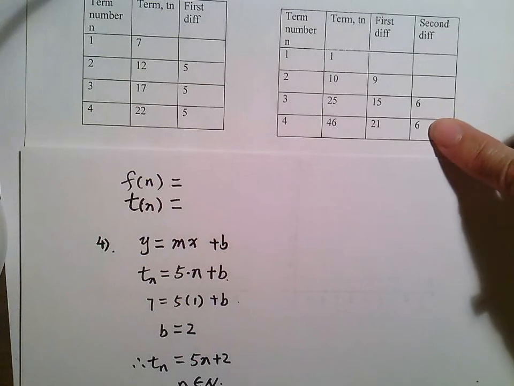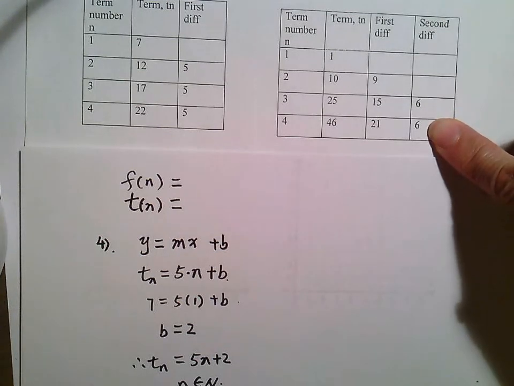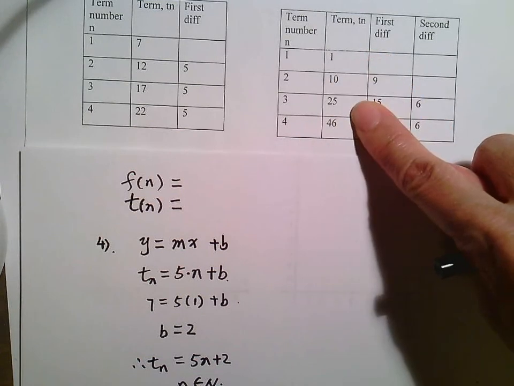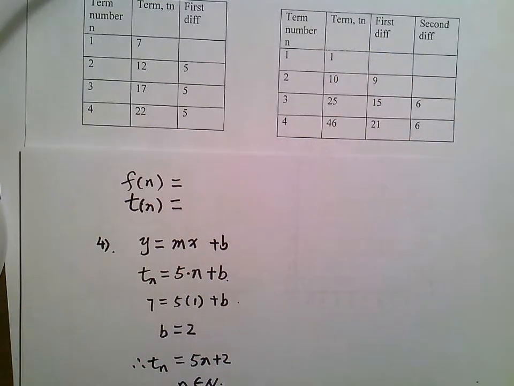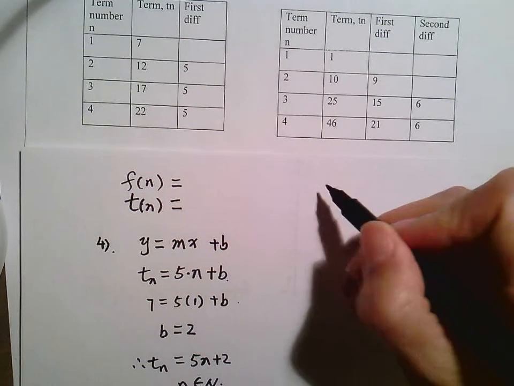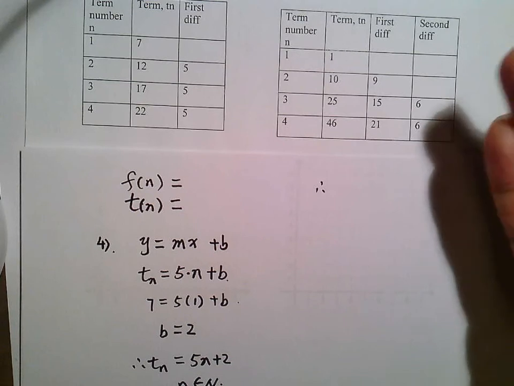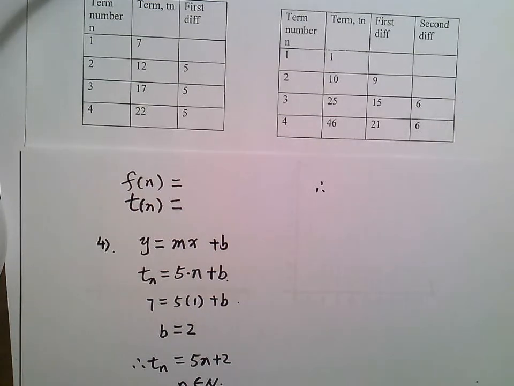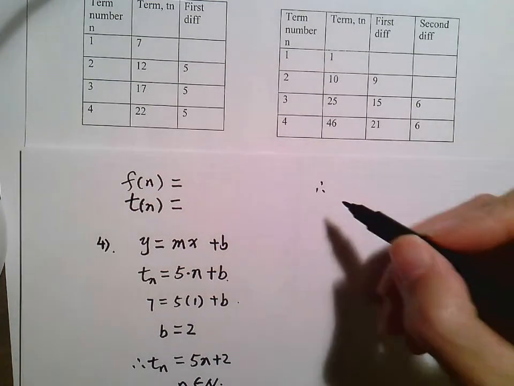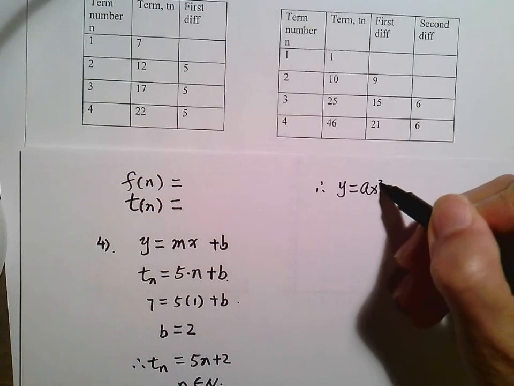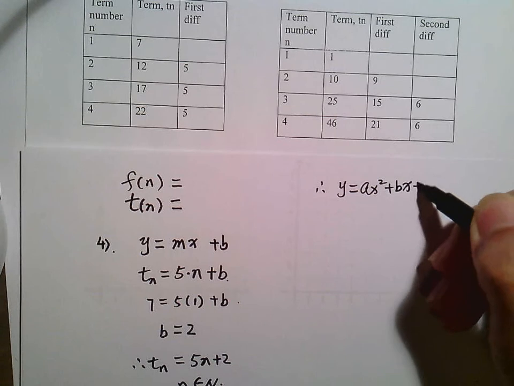Second difference is actually 6, and we know the relation between the term number and the term is actually what? Quadratic, right? Therefore, we can say that any quadratic, did you see we don't know the vertex, we don't know the x-intercept. A general quadratic relation is what? Is y equals ax squared plus bx plus c, right?